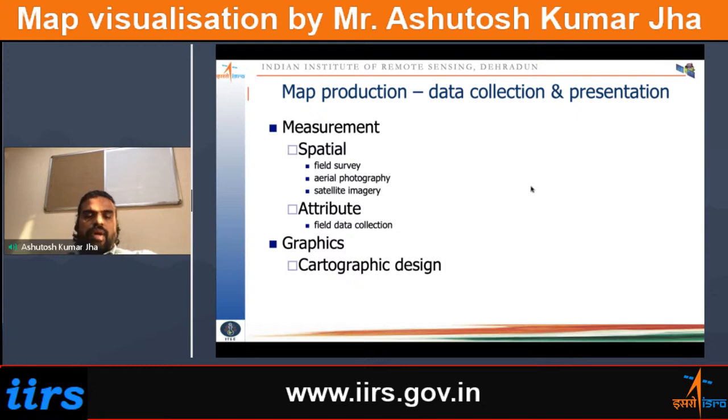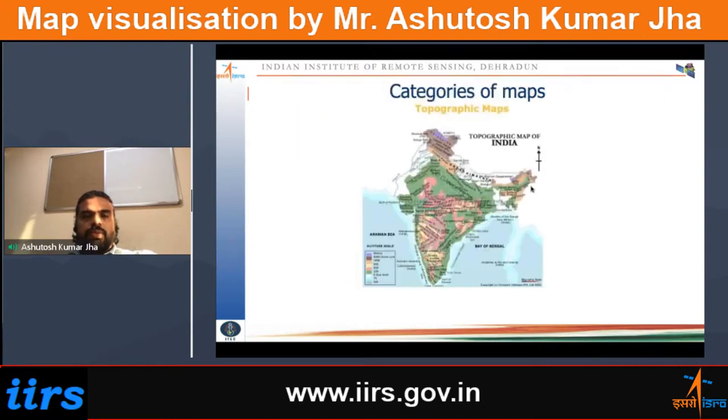And once we want to do a representation, the cartographic design principles need to be followed, which basically say that you have to effectively use the different cartographic tools like color, tone, textures, and so on in such a way that it gives the appropriate representation of data sets which is suitable for your users.